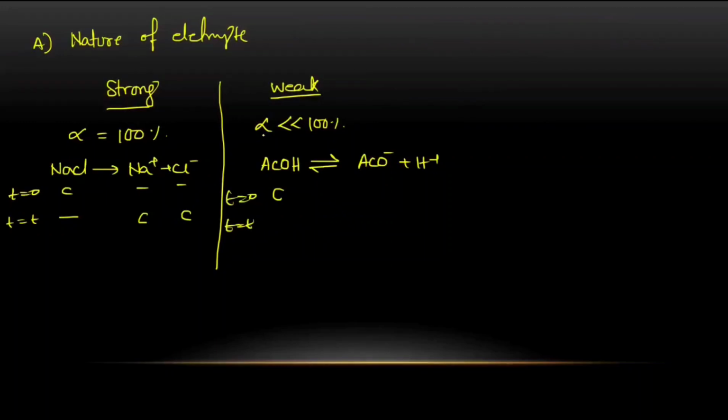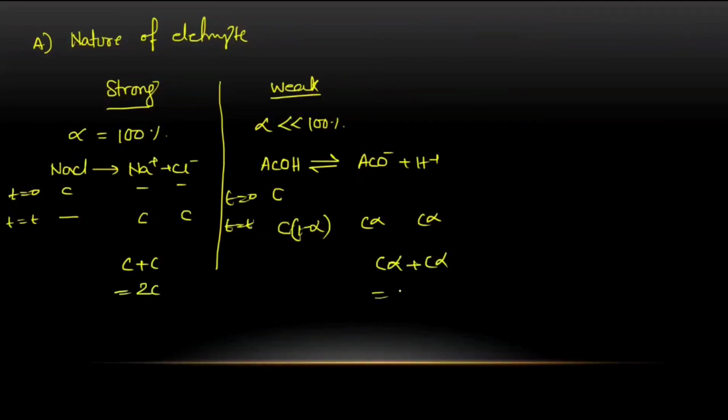If alpha amount is dissociated, then the concentration of acetic acid will be C into 1 minus alpha, and the concentration of each ion will be C alpha. Now, total amount of ions formed here is C plus C, so here it will be 2C.